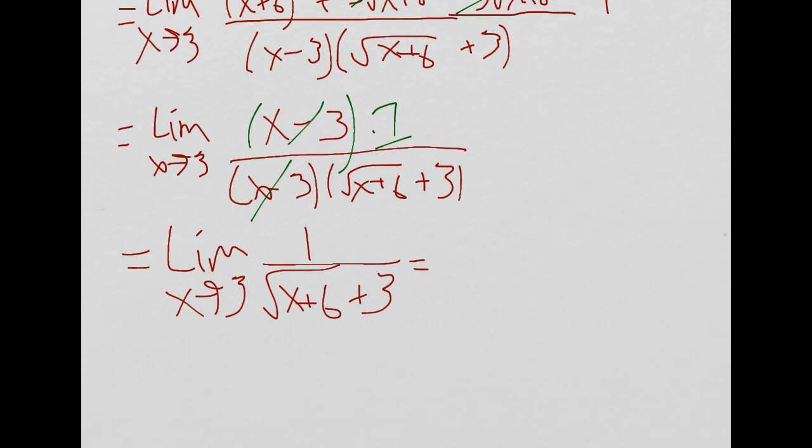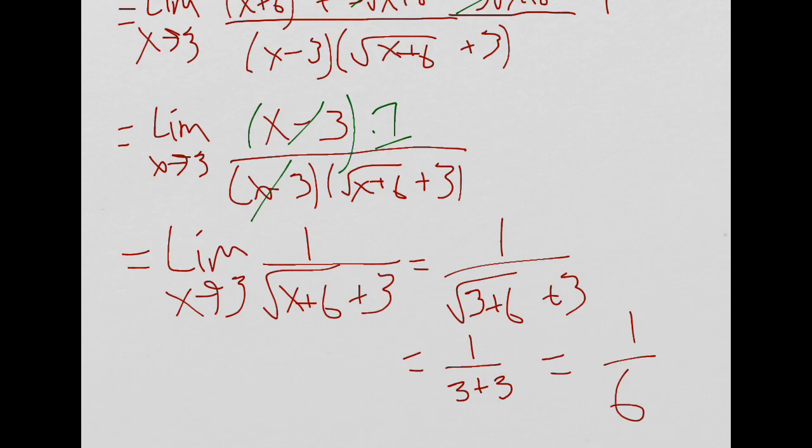I don't have to write the limit anymore because I'm actually plugging in that 3. So it's 1 over root 3 plus 6 plus another 3, which gives me 1 over, this is root 9, which is 3, plus 3, and that gives me a final answer of 1/6. Boom. Done.